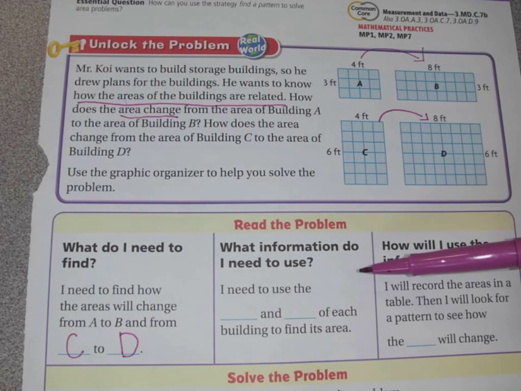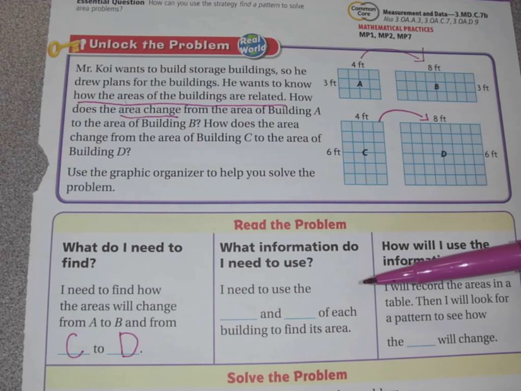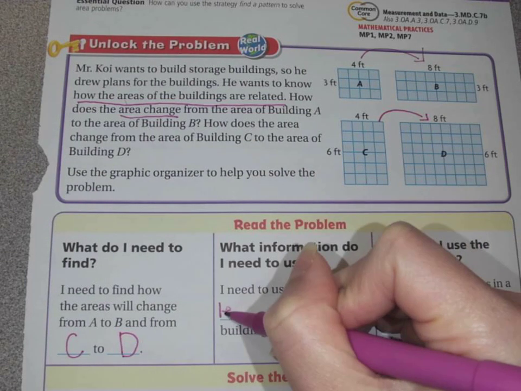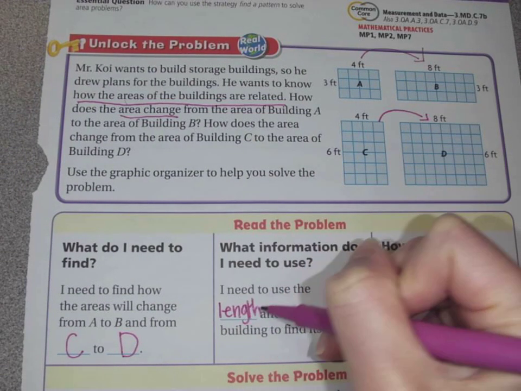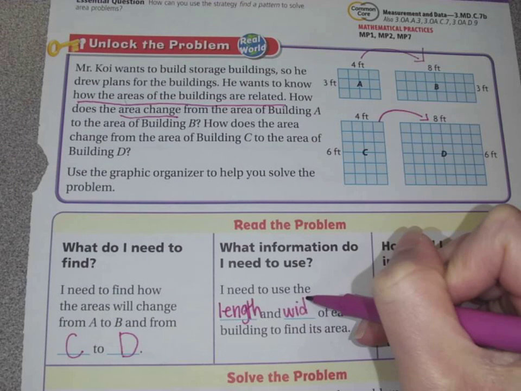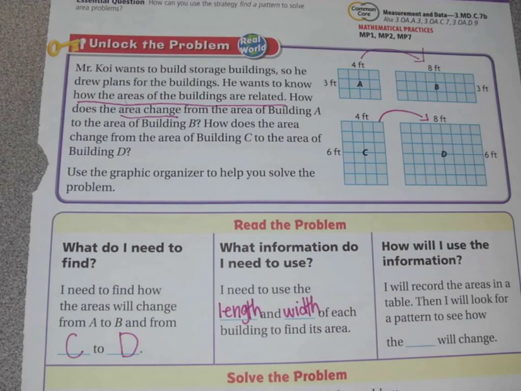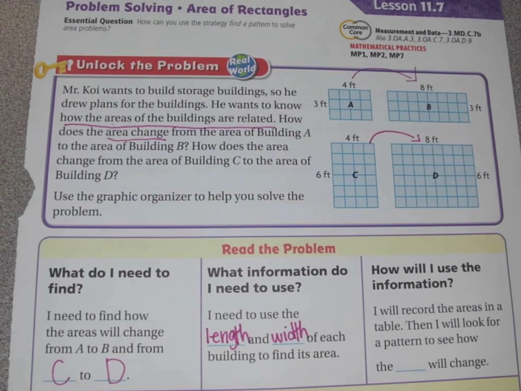Well, boys and girls, if we are figuring out how the areas of these buildings are related, we need to use the length and the width of those buildings that he drew of each building to find its area, okay? So we're definitely going to use that.